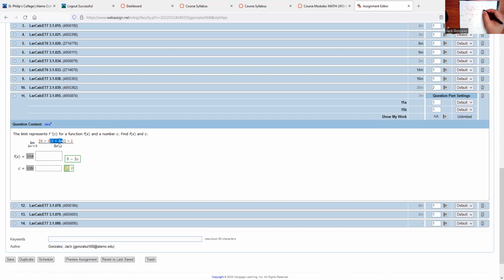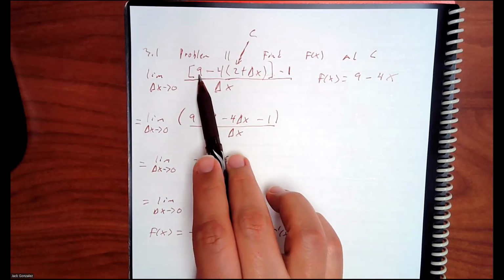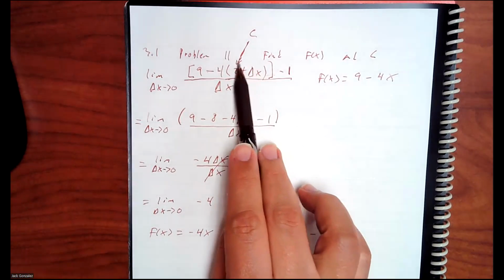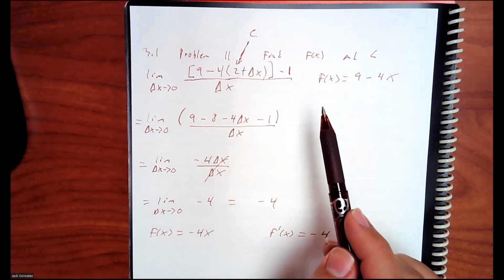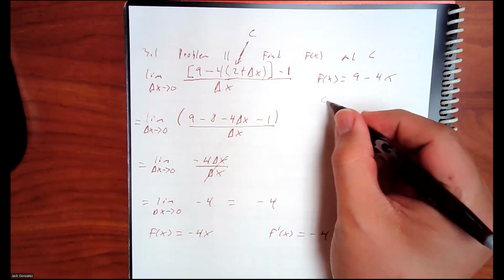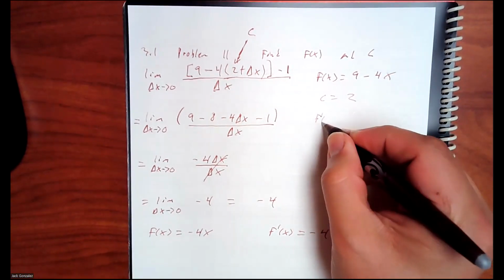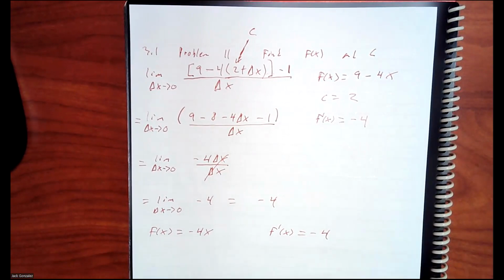So the function f would be 9 minus 4x, where x is the input. So this would be our function. C would be 2. So f prime would be what we found earlier.